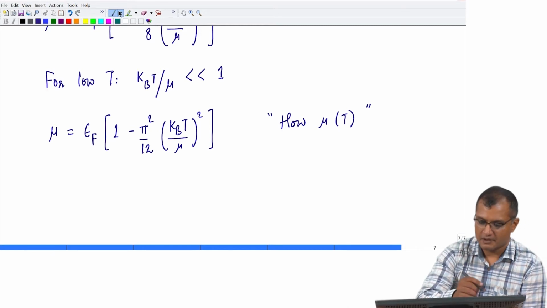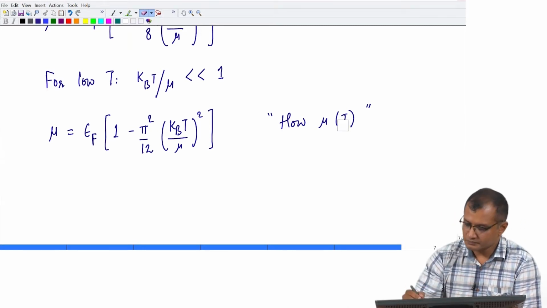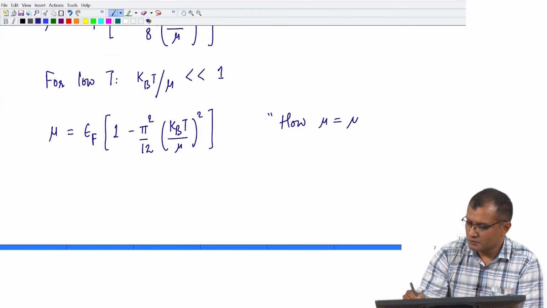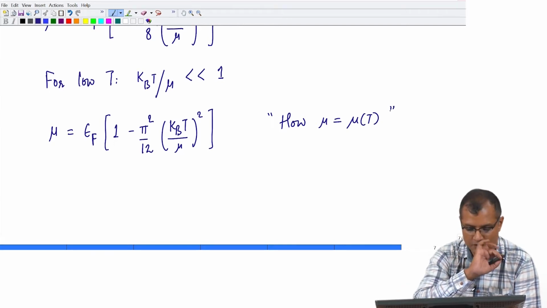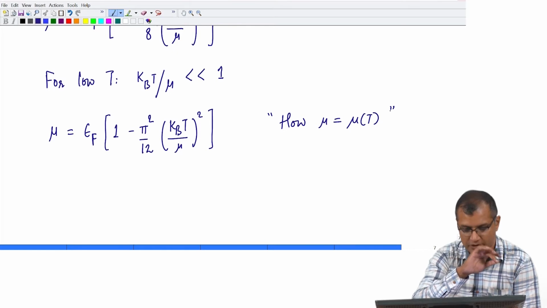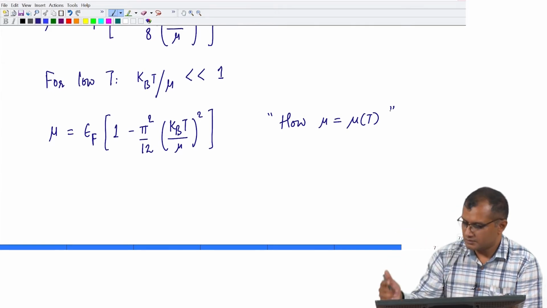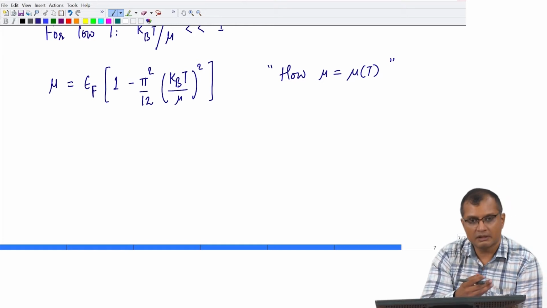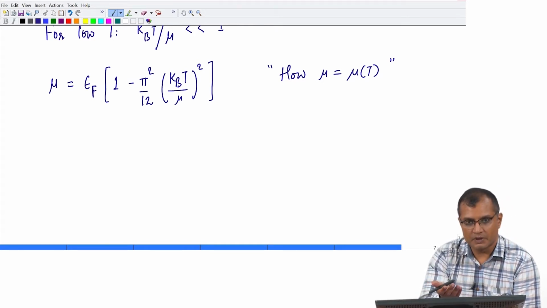So this equation tells me how mu varies with temperature. But for that to be valid, my equation requires the right hand side to be computed.